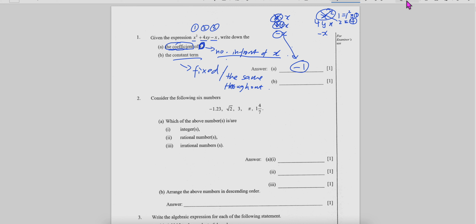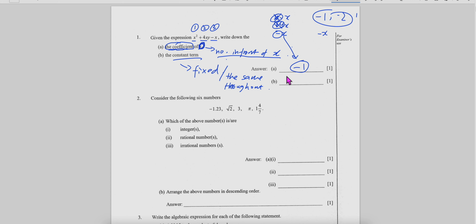Right? So similarly, when x is 1, it is 4y, right? When it is 2, it is 8y. So is the answer fixed? No. So this one is also removed. And this one, when x is 1, is -1. When x is 2, is -2.